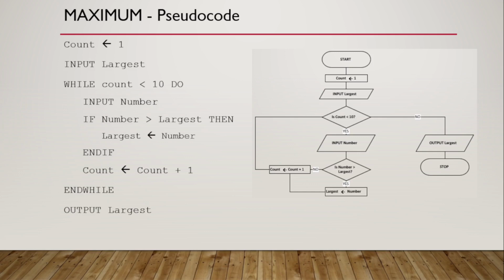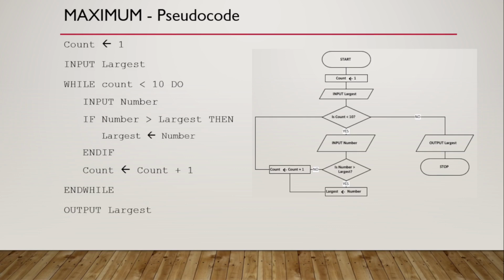If we're starting from the first count, which is 1, for instance, it means that 1 is less than 10, and we can now get an input from the user. Check whether that input is greater than largest, assuming the input you have is 5, and the first input, which happens to be the largest, is like 2.